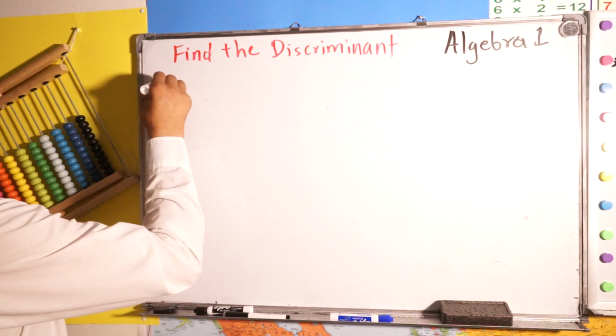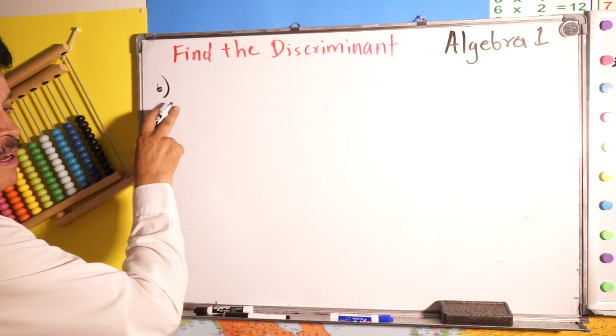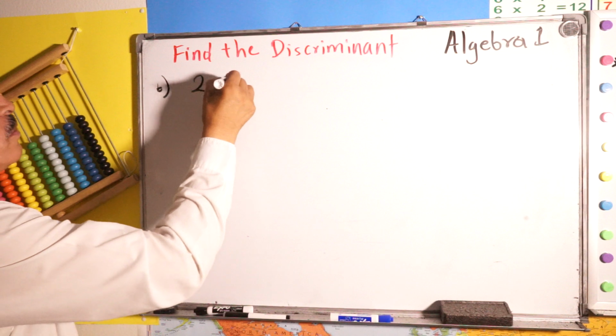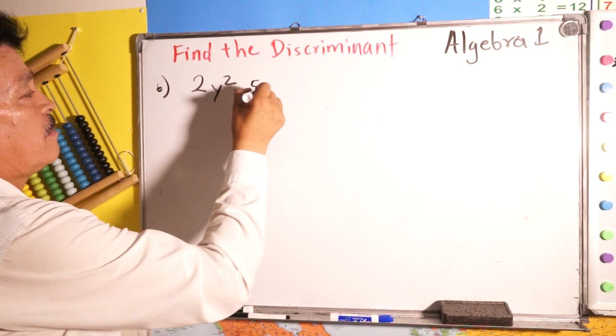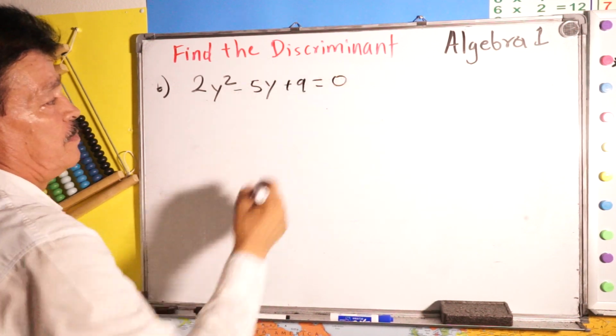So second problem. Let's write, find the discriminant of 2y to the second power minus 5y plus 9 equals 0. Right?